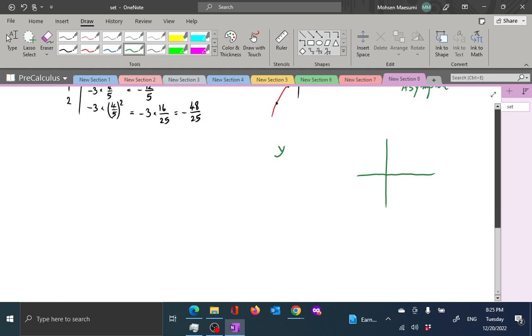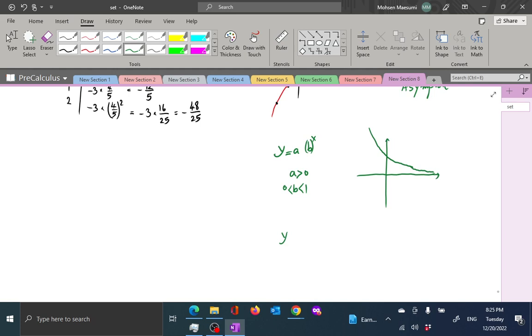So if I have y equal to a times b to the power of x, if a is positive and b is less than 1, I'll be up here, so all of my numbers are going to be positive, but as I go to the right I'm approaching 0.